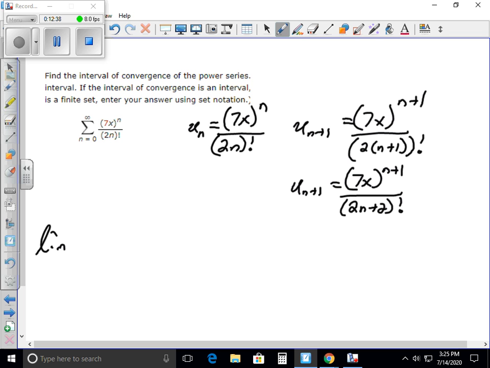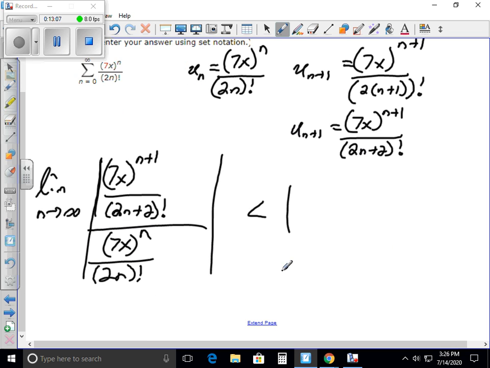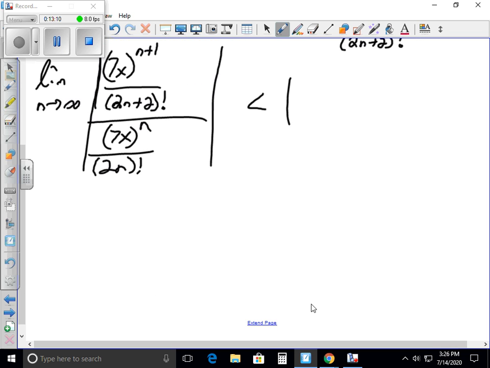So we're going to take the limit of the absolute value of u sub n plus 1 divided by u sub n, and we want to find out when is that less than 1. For what x values is that less than 1?